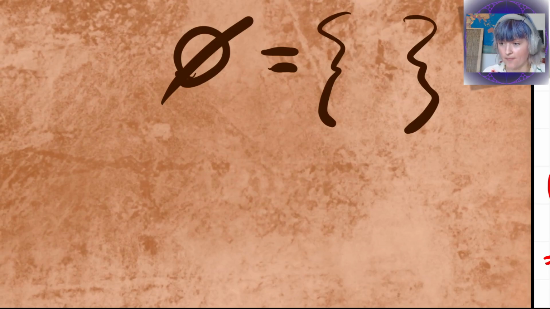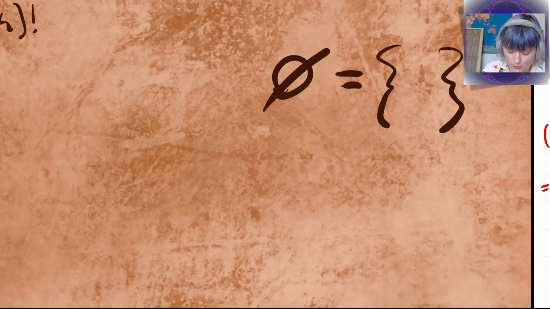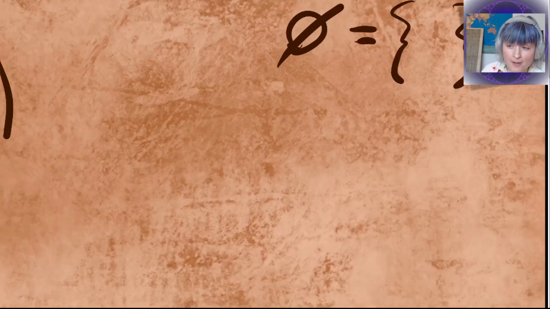Nothing in here. That's what the empty set is. And there's one of these in any given set, because there's always the potential for a set to have nothing in it. So that's where this 0 choose 0 is coming from.